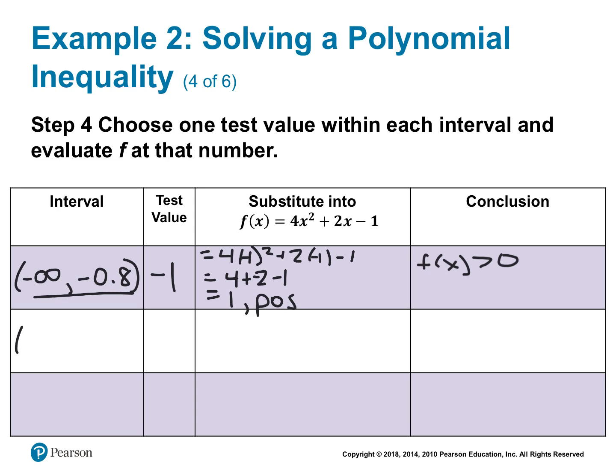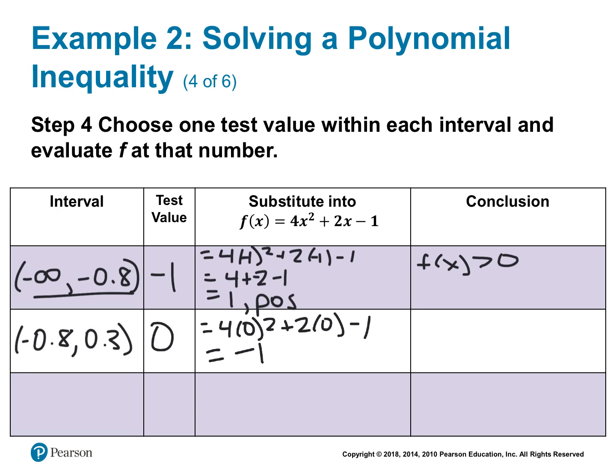The next one was negative 0.8 up to 0.3. So let's go ahead and try 0. So 4 times 0 squared plus 2 times 0 minus 1, which would just be minus 1, or negative. So f of x is less than 0 in that interval.